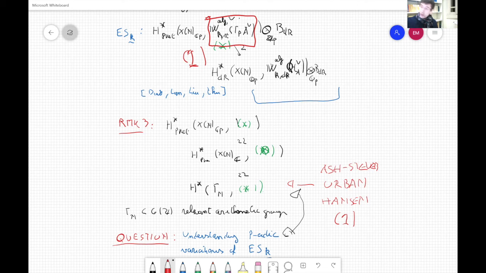So relating the two sides of the picture, étale and de Rham, is not only to compare eigenvarieties abstractly, but has good motivations, for example in the GSp4 setting. And actually, this was also our motivation to first focus on this case.